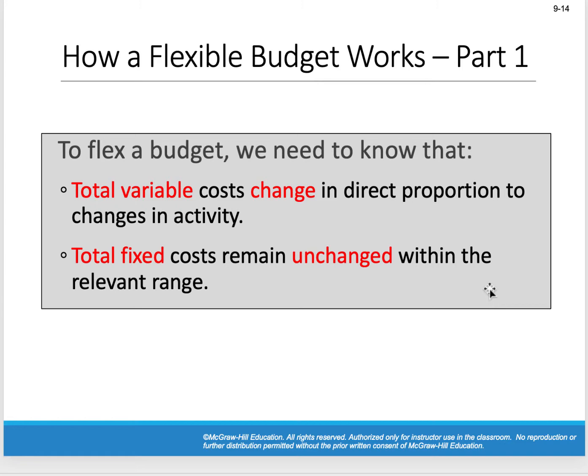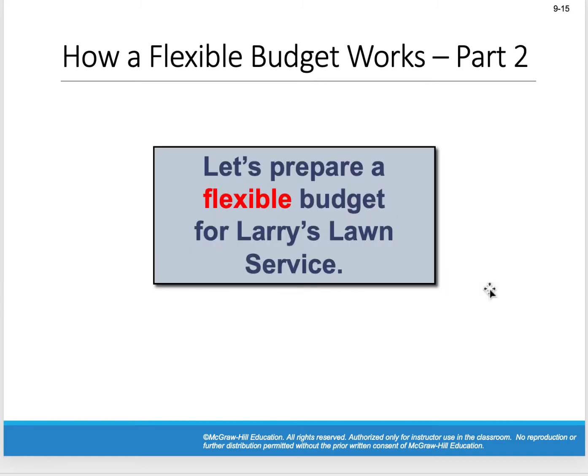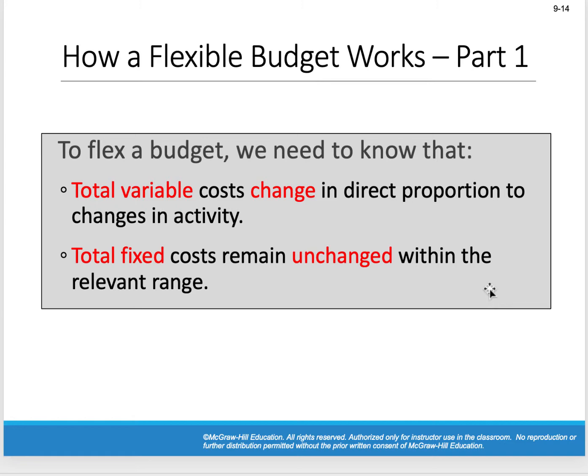So we got to remember our definitions of cost behavior, right? Variable costs change in direct proportion to changes in levels of activity. Total fixed costs remain unchanged as long as we're within that relevant range, okay? That kind of came back to haunt us, huh?